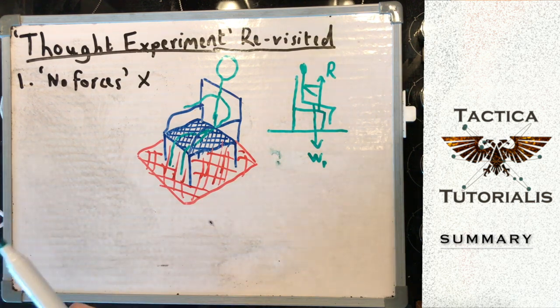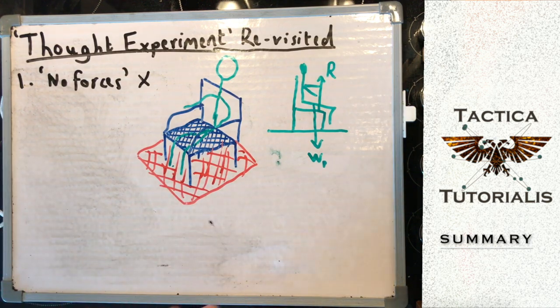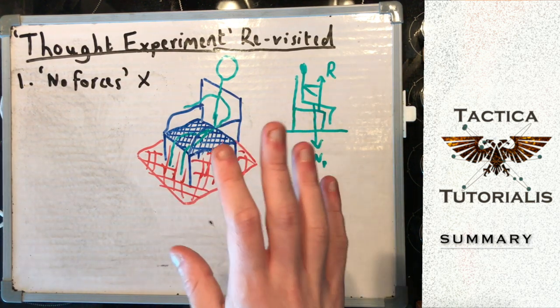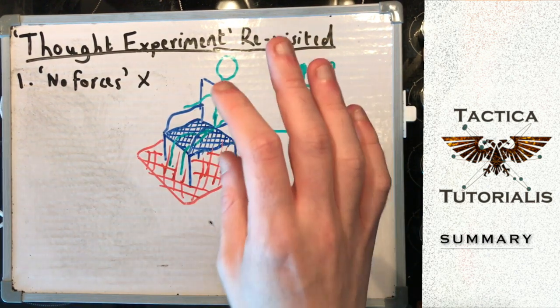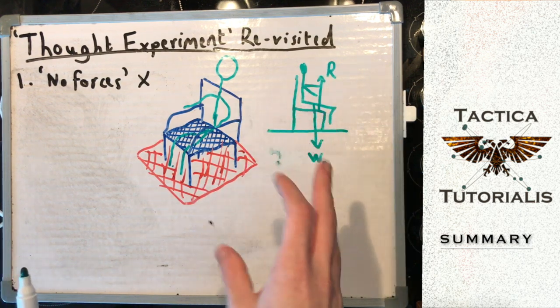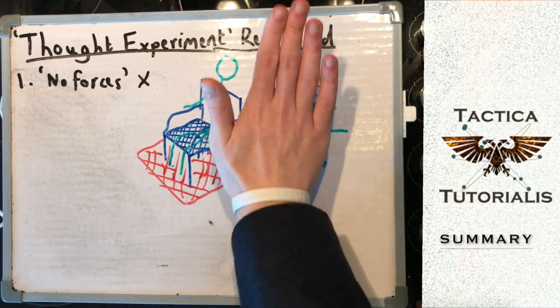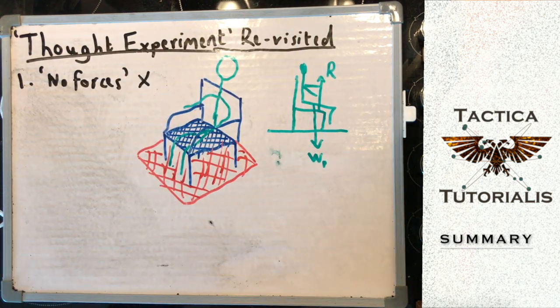There must be a force opposing your weight to push up so that you don't fall through the chair. And that force I'm going to call the reaction force, and that is Newton's third law. Every action has an equal and opposite reaction, and so on and so forth. You put a force on the chair, the chair puts a force on you, and that's the reaction force that holds you up. There are actually 2 more forces, but I'll save those for later.